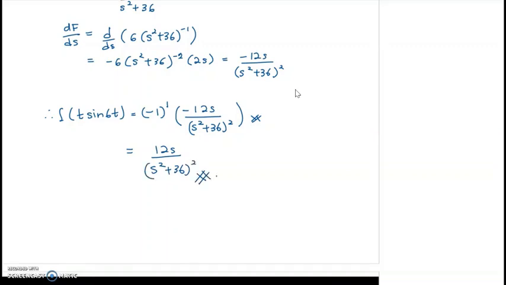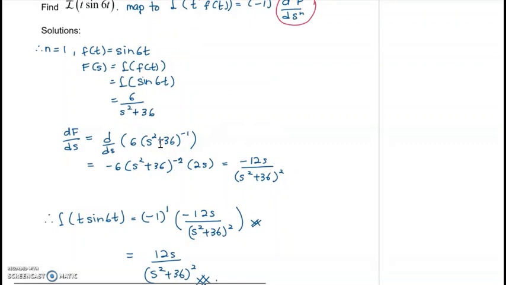This is the final answer. That's how we apply this property, multiplication by t power of n, to this problem.